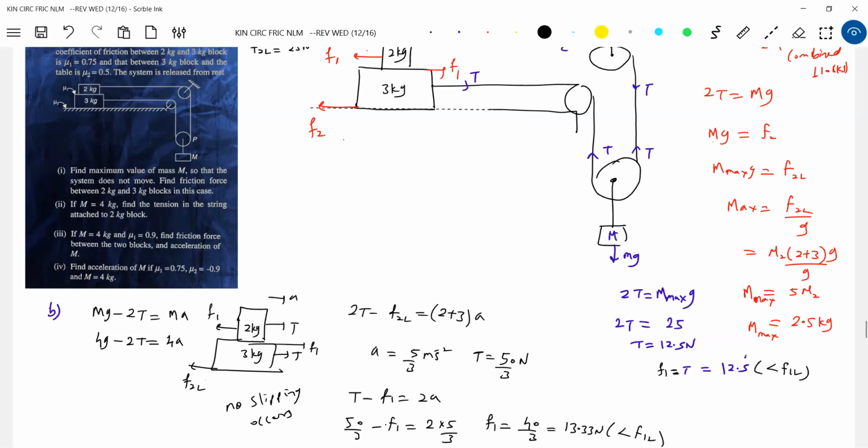This is what students actually see in friction problems. Don't just assume no slipping, do the problem, and get an answer. So first, check whether no slipping occurs or not. How to check it? Calculate the static friction acting between the 2 kg and 3 kg blocks. If it is less than F1L, then what we assumed is correct.